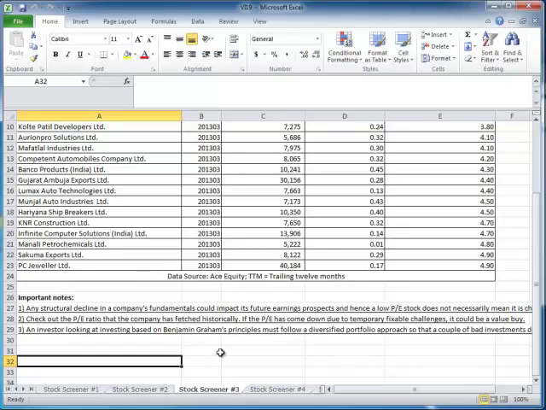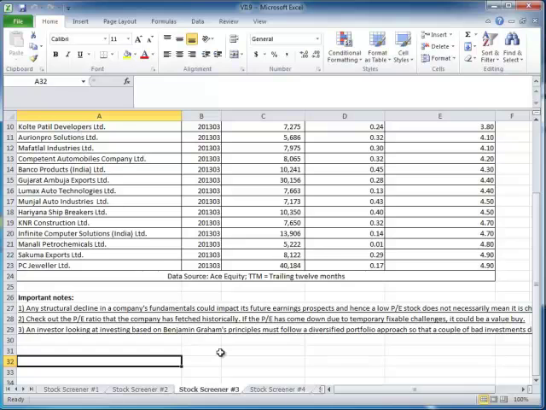So we need to check what's going on with the company's fundamentals. And we also need to look at the PE ratio that the company has historically had, right? So we can look at the range of the PE ratio over time, and if the PE has come down due to some temporary fixable challenges, that could be a value buy.